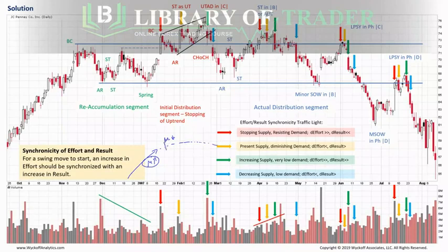So in this change of behavior, then we are in the distributional pattern, then we are in the emergent downtrend, and then we are in the markup.